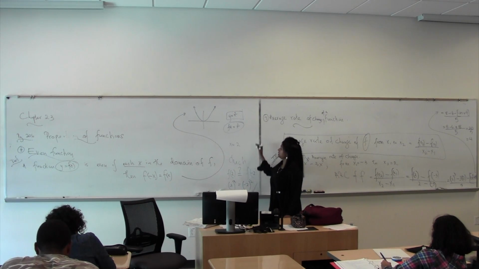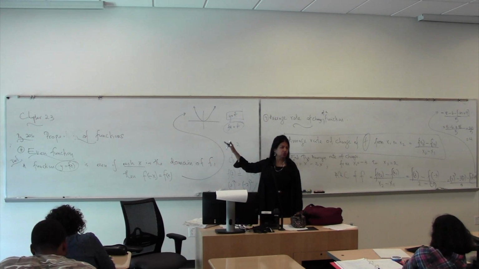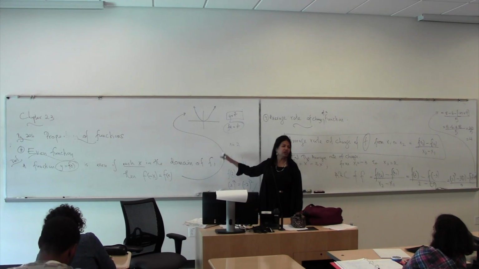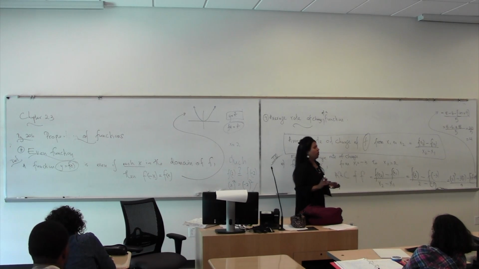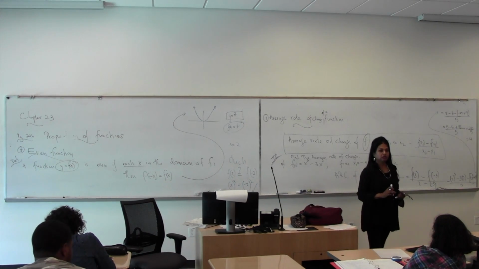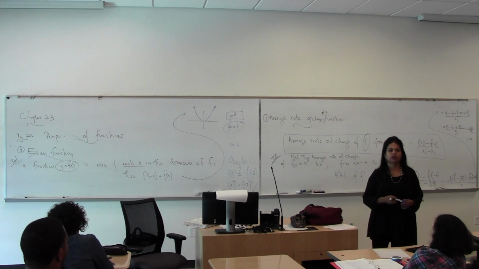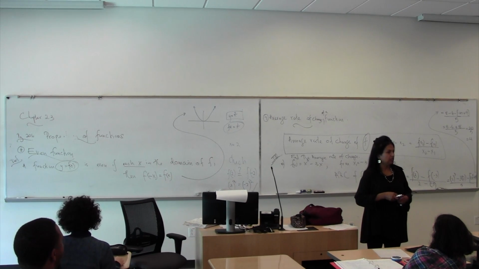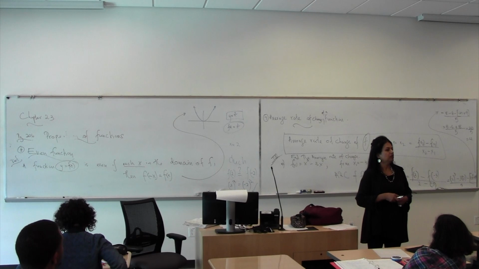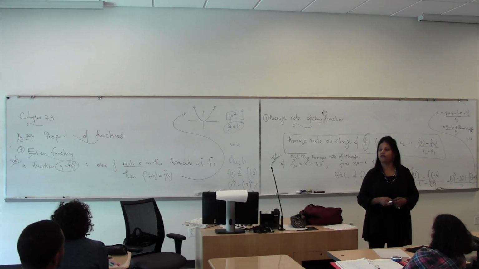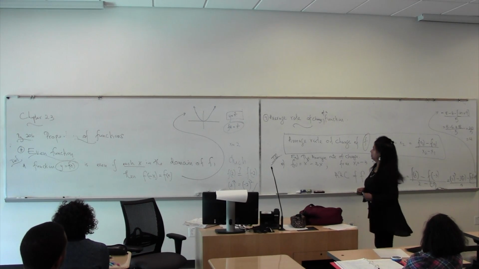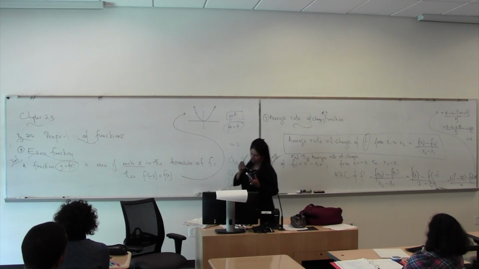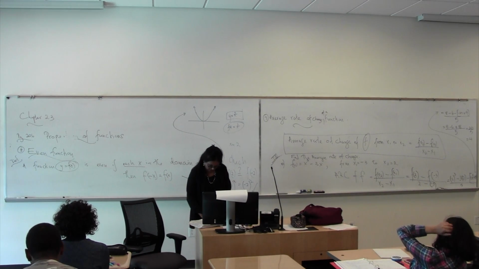So if this condition is satisfied, this is what's called an even function. For an even function, for all x in the domain, every single x, f of positive x needs to be the same as f of negative x. So you guys understand the definition, right? Okay, this is a good example for that. So that's the even function.